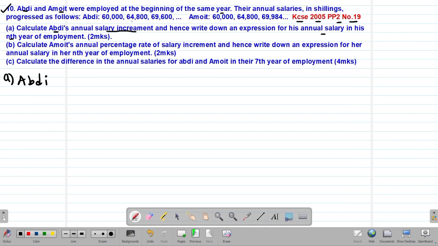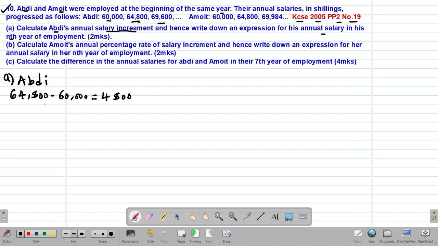So let's check whether there is a common difference. To check that, I'll subtract the first term from the second term. 64,800 minus the first term, which is 60,000, gives me 4,800. Then I also subtract the second term from the third term.